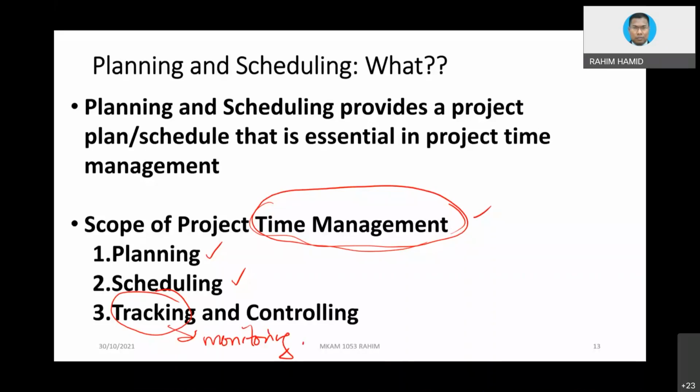Okay, so don't get confused when you hear the word tracking. It simply refers to monitoring and control. So the three things: planning, scheduling, tracking and control. That is what time management is all about. So that's why I mentioned time management is a big thing, and inside time management, to be more specific, we have planning, scheduling, tracking, and control.